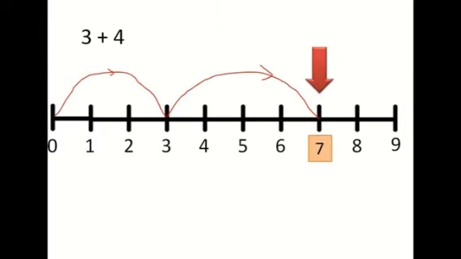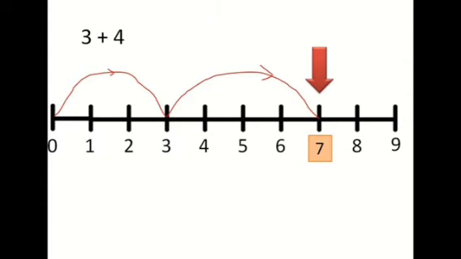Can you remember, in the previous number line, we showed the sum for 4 plus 3. Now in this number line we have shown the sum for 3 plus 4. So for 4 plus 3 the sum we got is 7, and now 3 plus 4 also gives the sum 7.